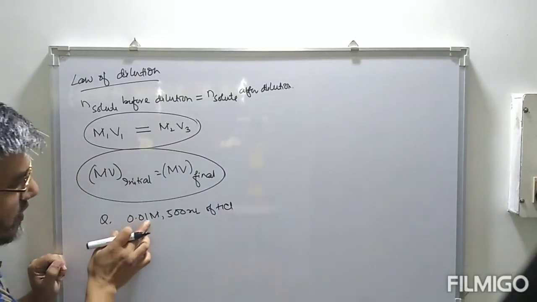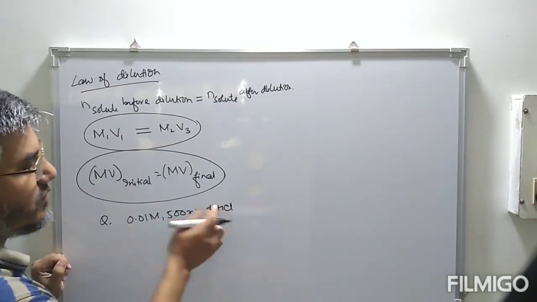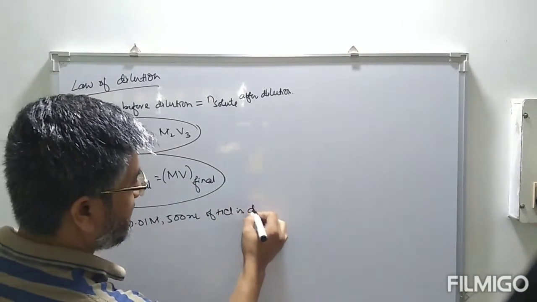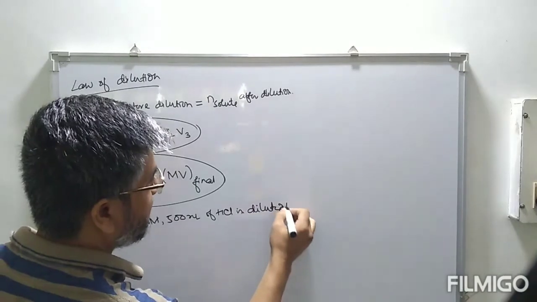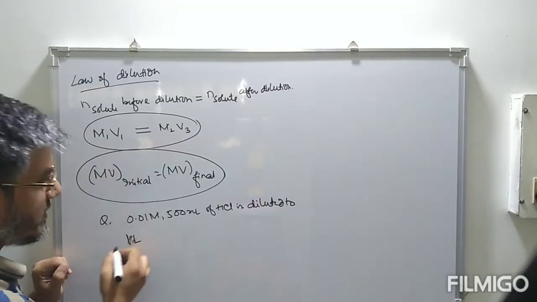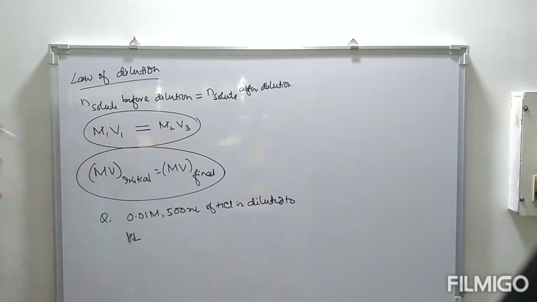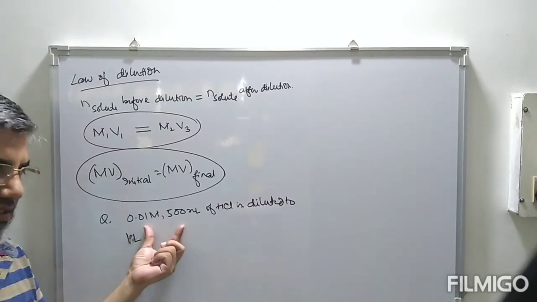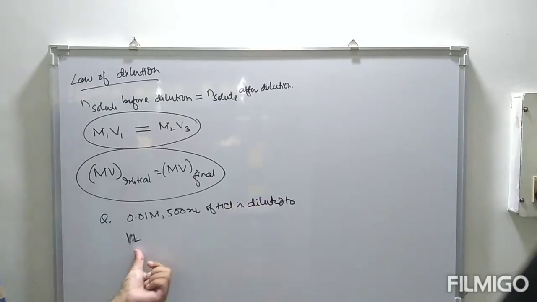A 0.01 molar, 500 ml of HCl is diluted to 1 liter. This is the initial HCl sample. Now this is diluted to 1 liter.